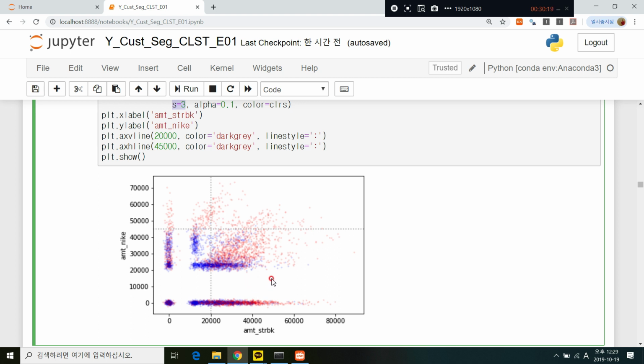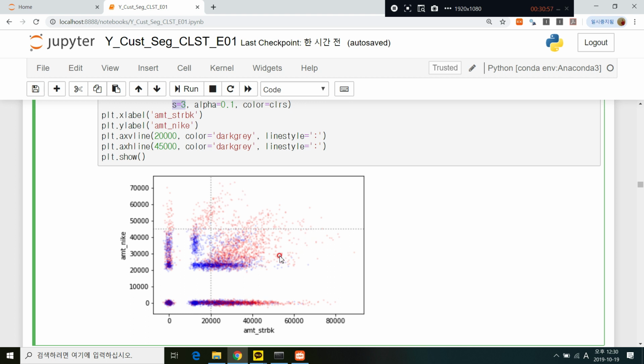This is the resulting scatter plot. There are lots of guys who go to Starbucks, and among Nike pairs of shoes, that is important, right? So many guys go to Starbucks, and just some portion of the customer base buys and spends a little bit for Nike.